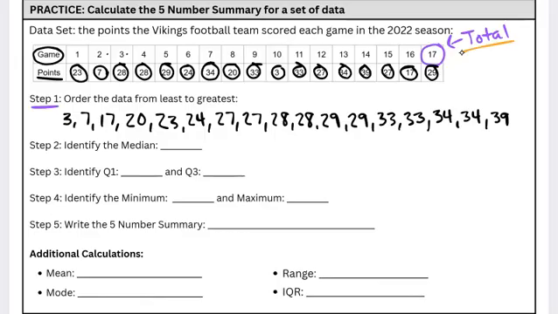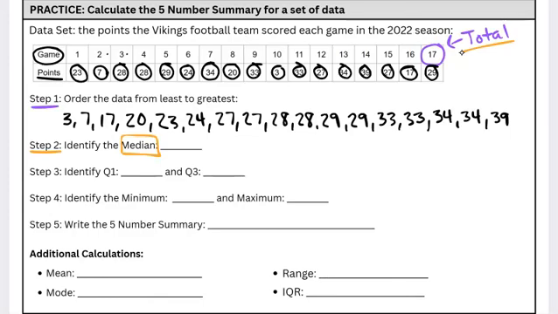So step 2 is to identify the median. Median is our first mathematical word that we are interacting with. Median is the middle number in a data set that is ordered from least to greatest. So that's why we did step 1. We ordered it from least to greatest, but we need to now find that middle value.